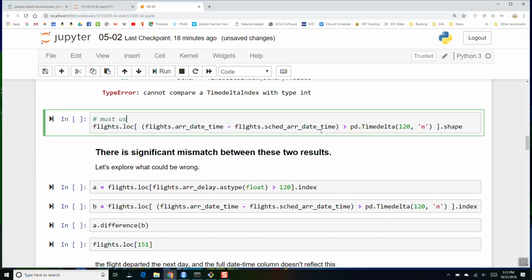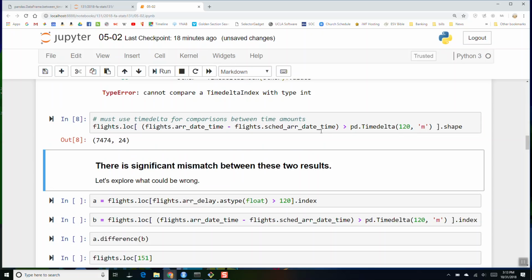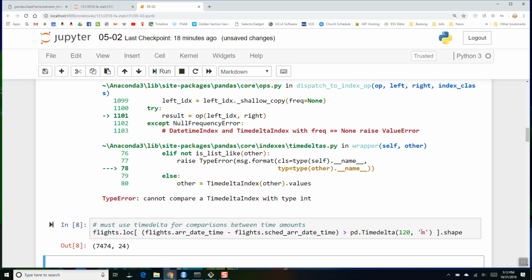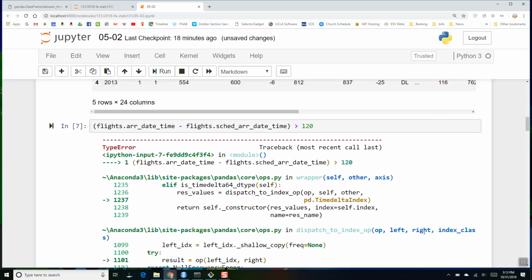You must use a time delta for comparisons between time amounts. To do this, I say I want a time delta of 120, and then you specify the unit, in this case minutes.